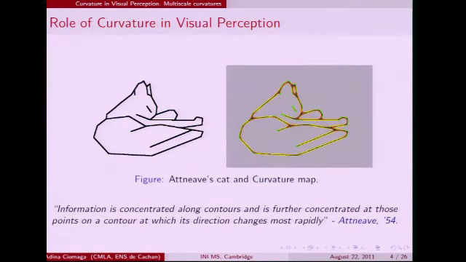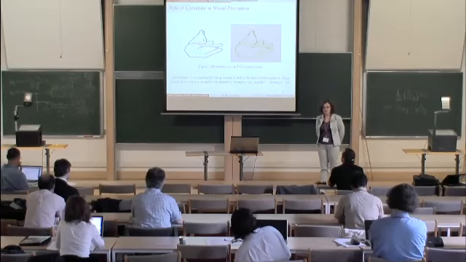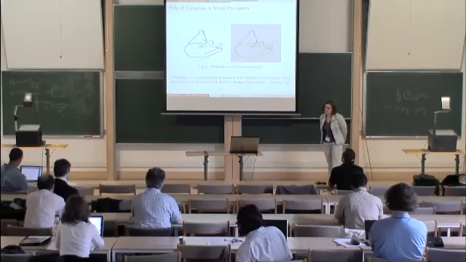I would like to point out that the role of curvatures in visual perception goes back to 1954. And there is a founding paper by Fred and Neil where he tries to argue the role of these curvatures. Basically his arguments are neurological, and he states that our human brain is not capable of registering all of the information that is provided.